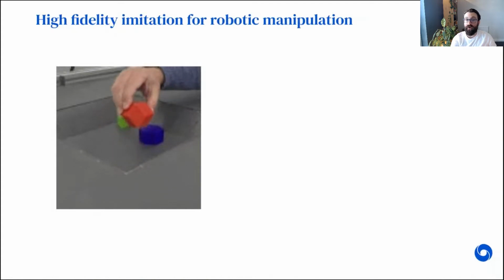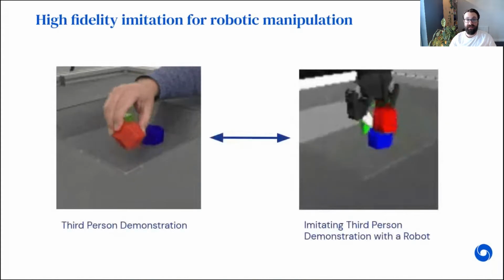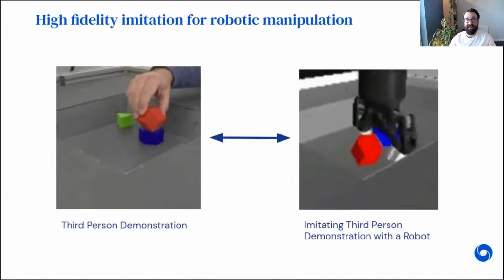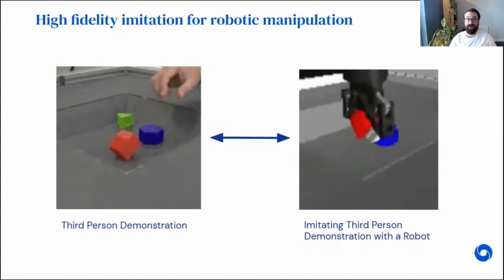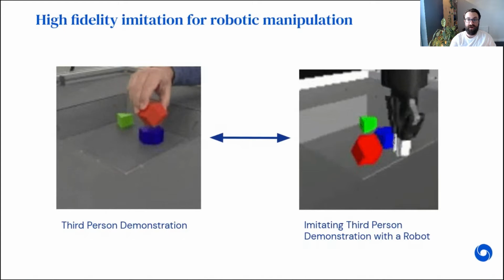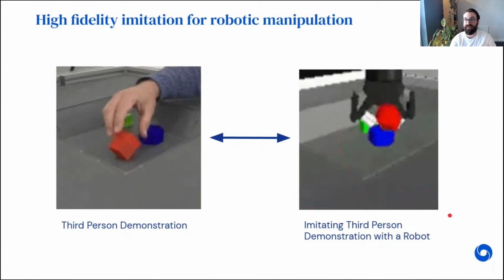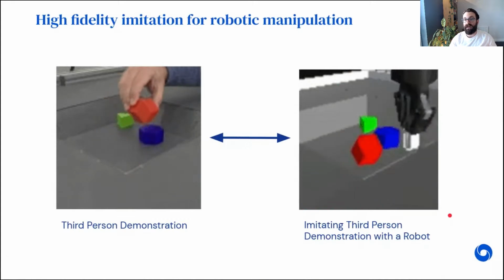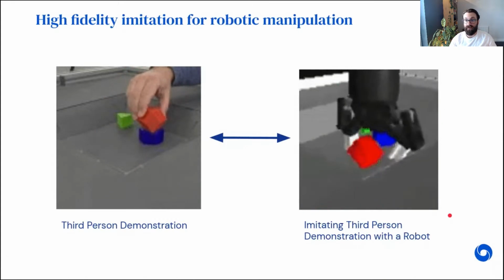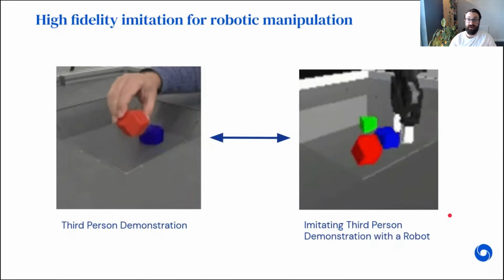And what we want our robot to be able to do is to understand what's going on in this video and replicate that trajectory as precisely as possible using only vision. And I should mention that in this work, we are always imitating trajectories using this environment on the right in simulation. And our embodiment is a parallel gripper. It's a robotic gripper attached to a Sawyer arm.